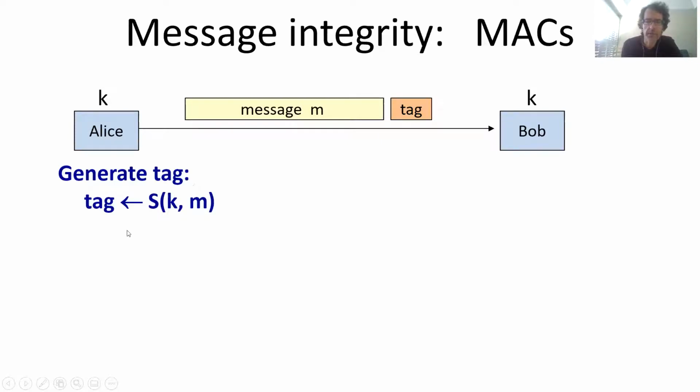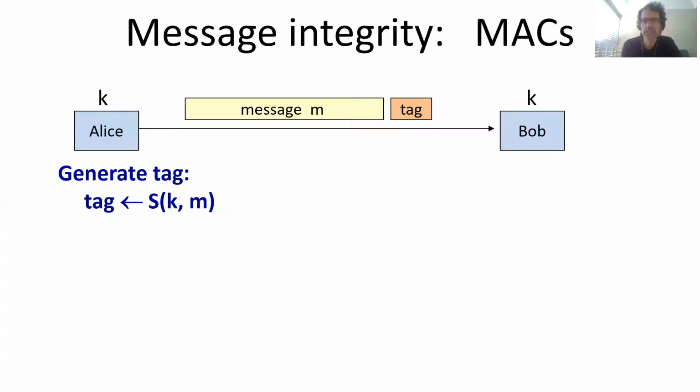It's a pair of algorithms, sign and verify. They're keyed algorithms, just like encryption. Here is the application scenario. You have a sender and a receiver, just like in encryption. Given some message M, the sender Alice is going to sign it using the signing part of the MAC, and the result is called a tag.